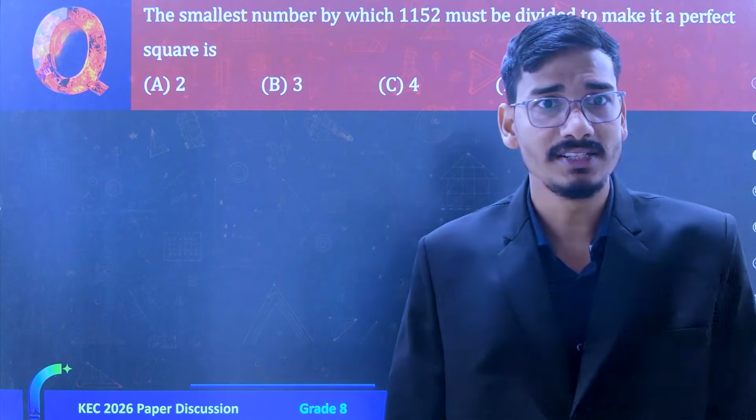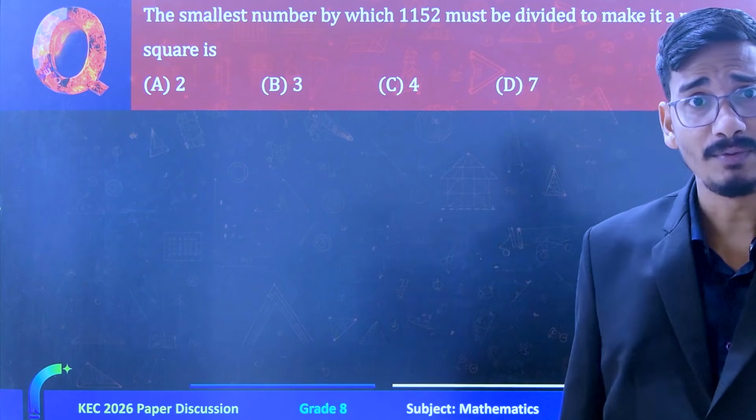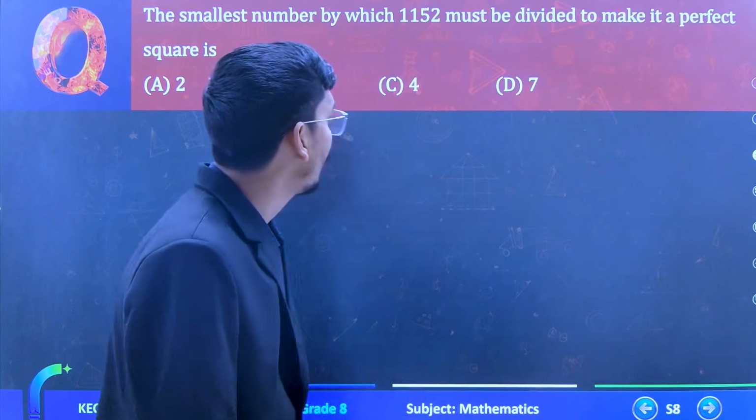The next question is the smallest number by which 1152 must be divided to make it a perfect square.